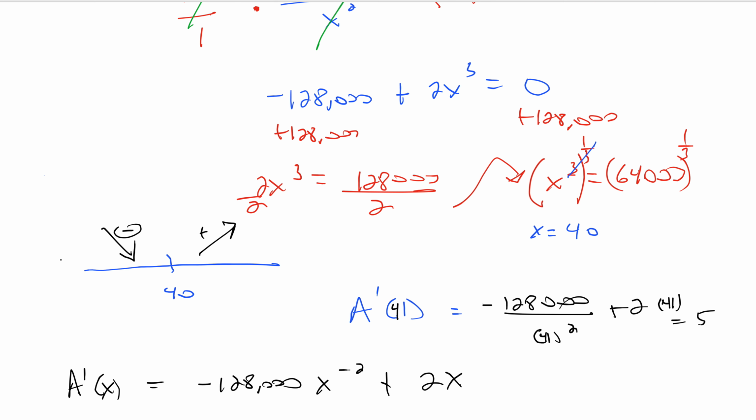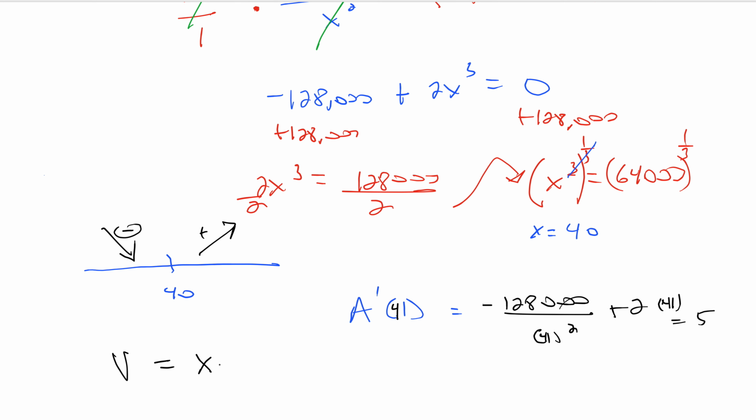And that minimum happens where? It happens at 40. So you go over here and say, all right, I need to know the dimensions of my box that occur at my minimum. So I know the volume of the box, which was length times width times height, which was 32,000.